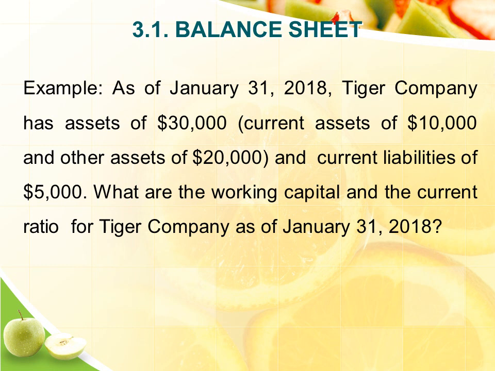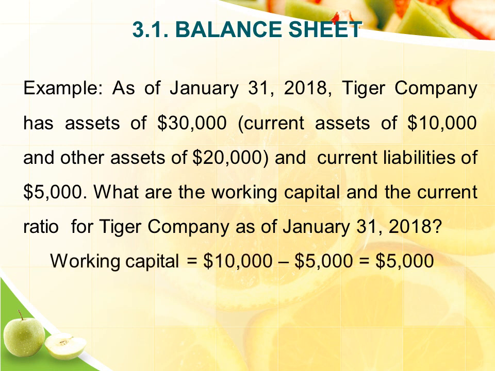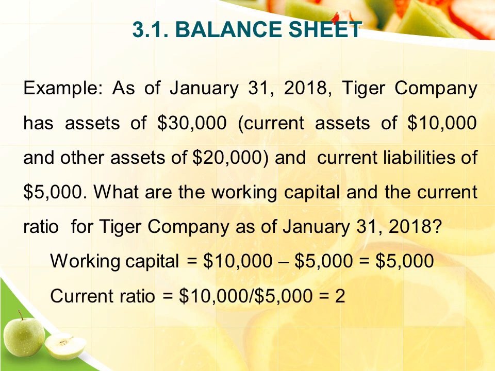The answer is: working capital is calculated by current assets minus current liabilities. It means $10,000 minus $5,000, and working capital is $5,000. Current ratio is calculated by dividing current assets by current liabilities. It means $10,000 divided by $5,000, and the answer is 2 times. Very easy.